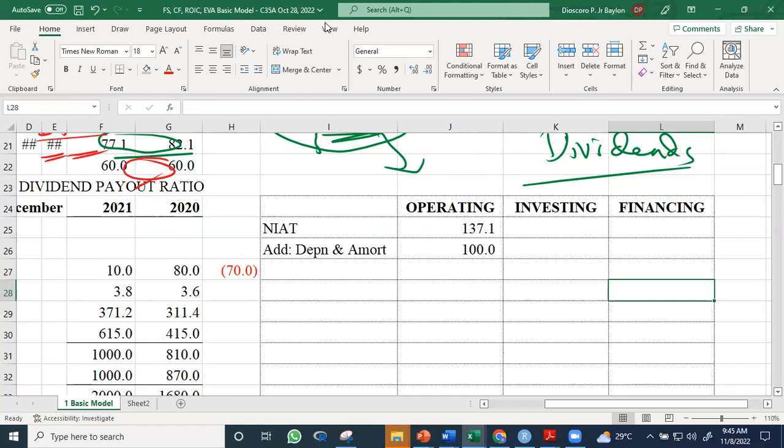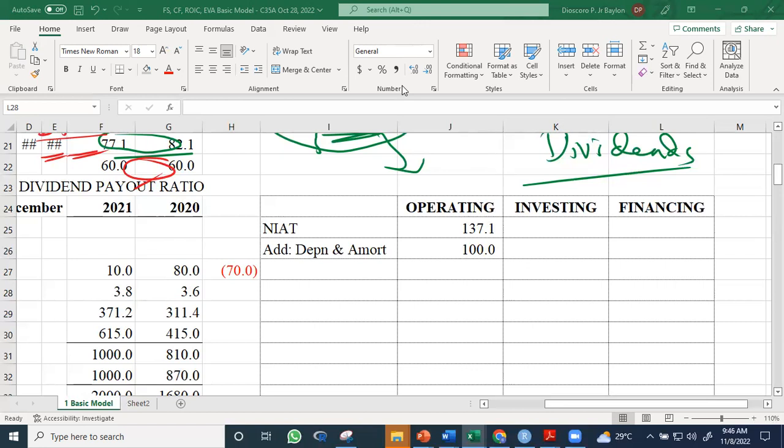And is this a source of cash or a use of cash? What do you think, class? So you notice what we're doing. We're investigating whether a change in a particular account will affect operating, investing, or financing. And then we also need to determine if this is a source of cash or a use of cash. So any guess?